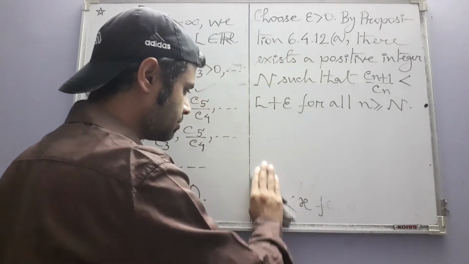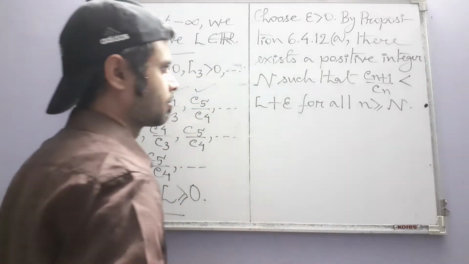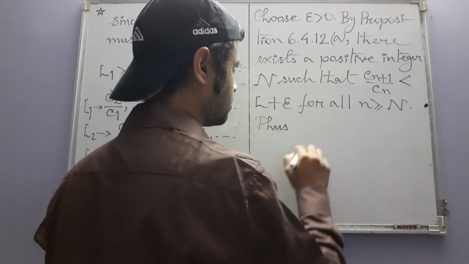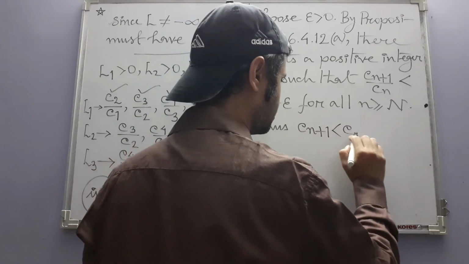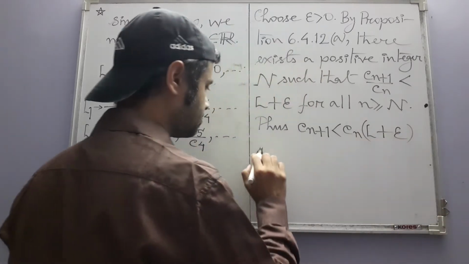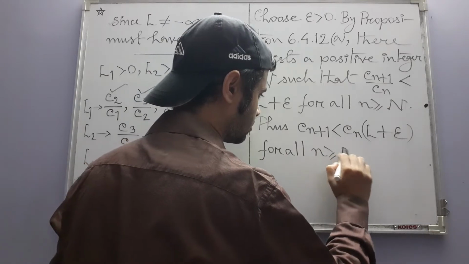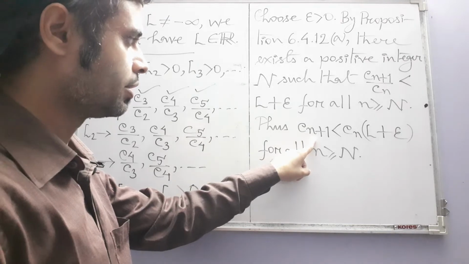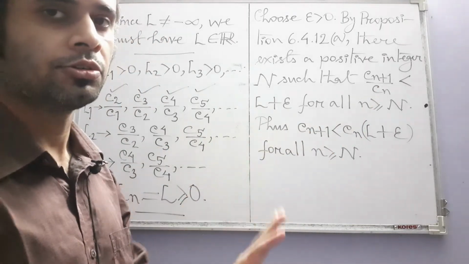We are now going to use this condition. Thus, Cn plus 1 is less than Cn times L plus epsilon for all n greater than or equal to N. Note one thing very carefully, that Cn being positive allowed us to do this.